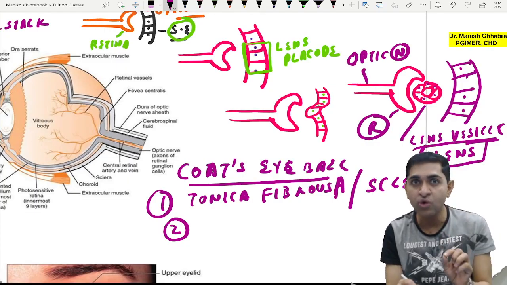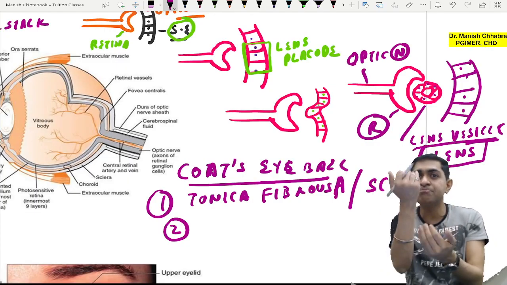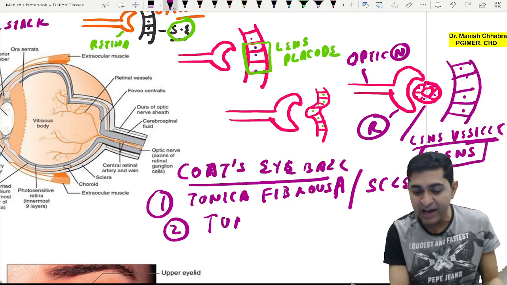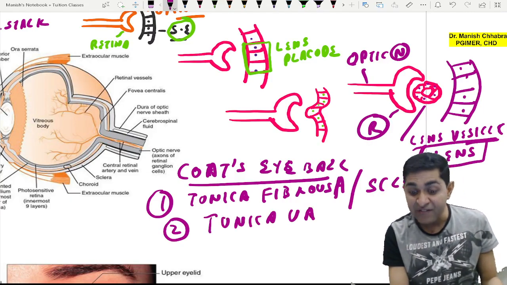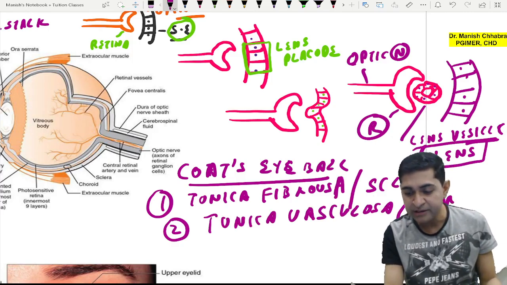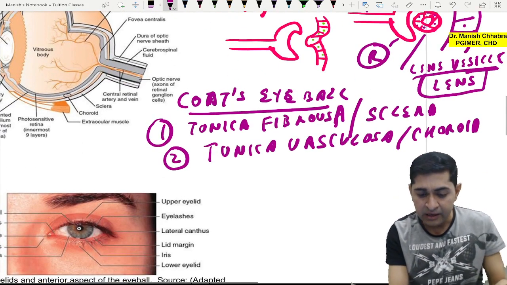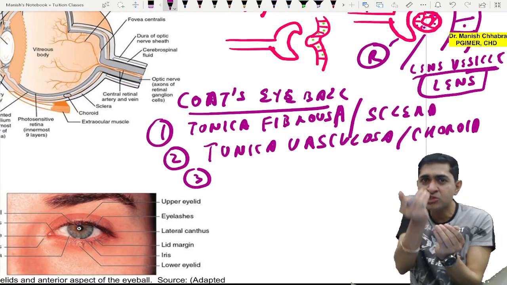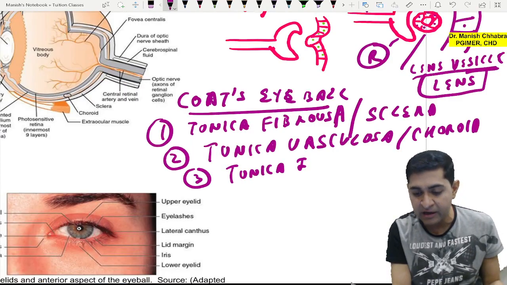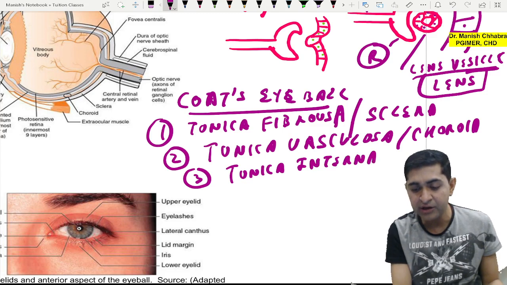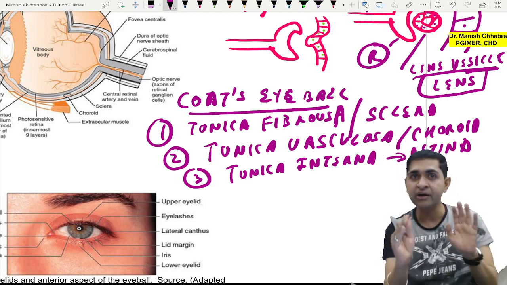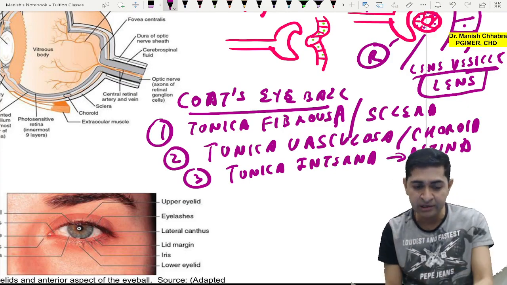Second is your middle coat, the choroid, which receives maximum circulation of blood, so you can also call it tunica vasculosa. Now third is the innermost coat, which is your tunica interna, which is your retina.